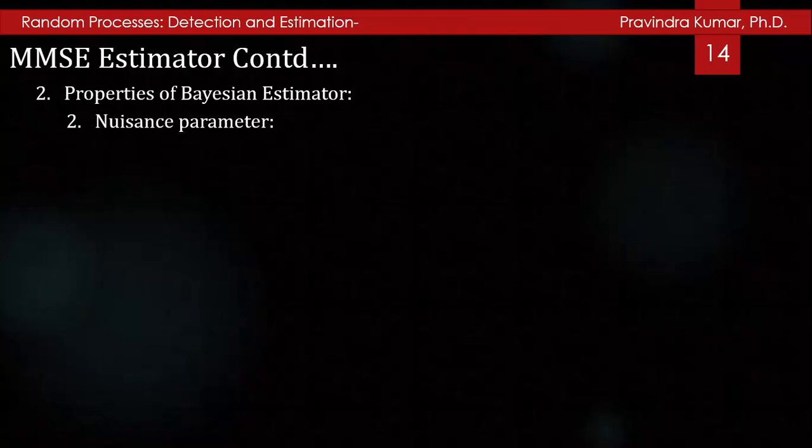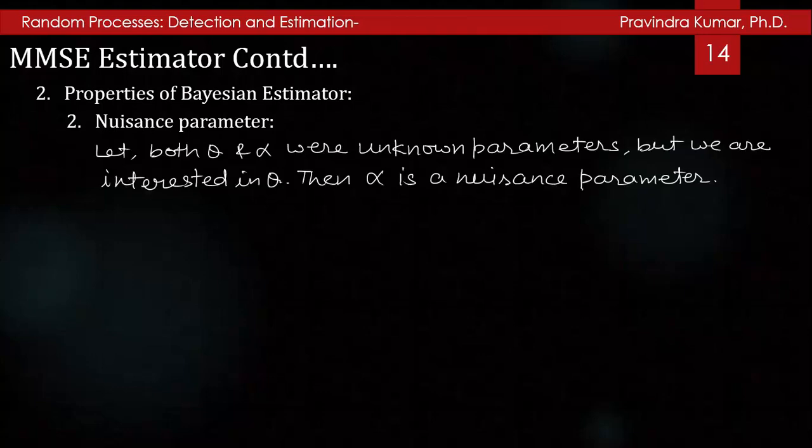Suppose that both θ and α were unknown parameters, but we are only interested in θ. Then α is the nuisance parameter. We can deal with this by integrating α out of the way.